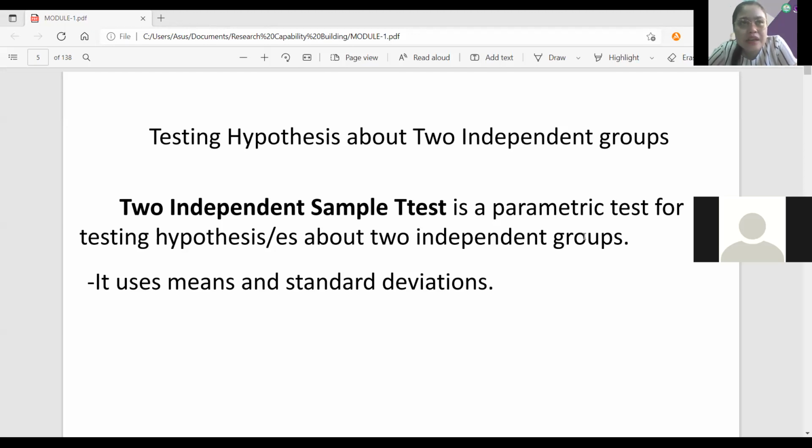Now, the second one is, magde-decide tayo based on your statement of the problem. So look at your statement of the problem. I think last time I let you identify the different statistical tool that you're going to use based on the SOP. So like number one, if you have SOP like what is the demographic profile, your statistical tool there will only be frequency distribution and percentage.